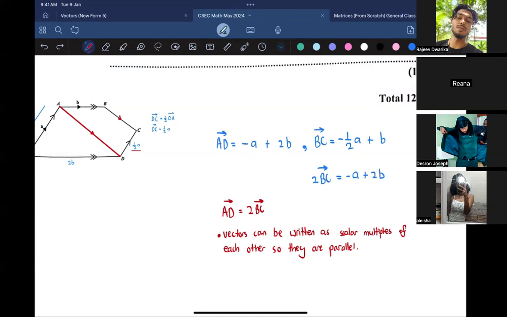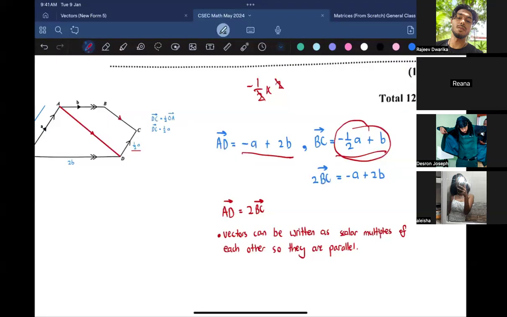So just by observation, A to D is minus A plus 2B, and B to C is minus a half A plus B. Notice, if I multiply this by 2, what is minus a half by 2? The 2 and the half will cancel off.